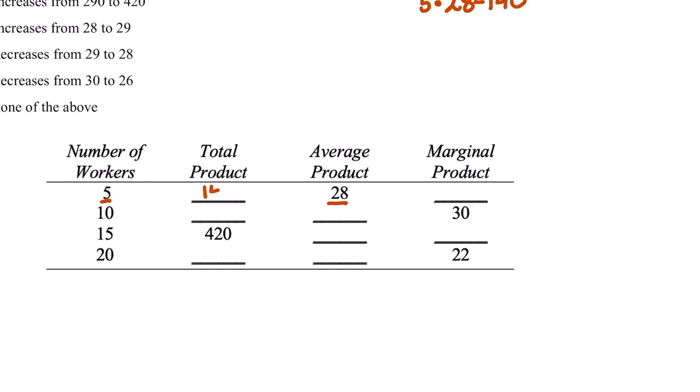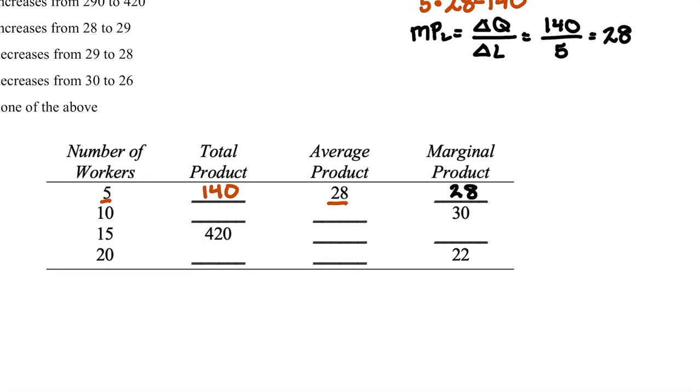It's going to go here, which means our marginal product is going to be change in quantity over change in labor. So 140 over 5, which is 28.